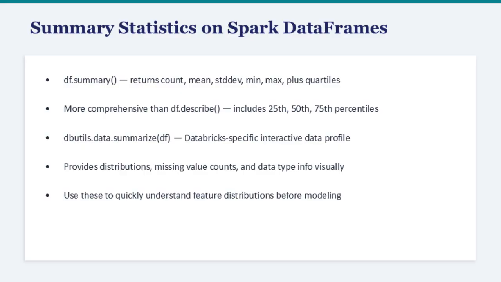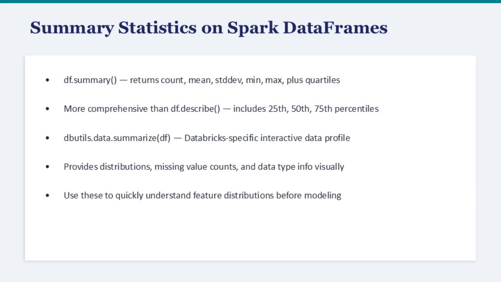This method returns count, mean, standard deviation, min and max, but it also includes the 25th, 50th and 75th percentile. This makes it more comprehensive than df.describe, which only gives you the count, mean, standard deviation, min and max without the percentiles. Remember this distinction. The exam might ask which method provides quartile information.